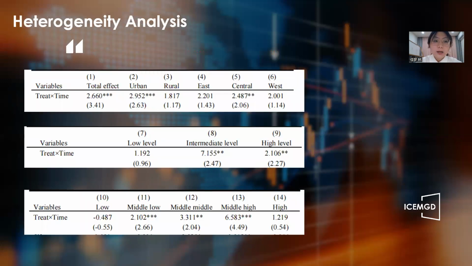Then we did some heterogeneity analysis. According to the household registration, we divide them into urban and rural groups. And also according to the region they're from, we divided them into 3 groups, which are East, Central, and West.